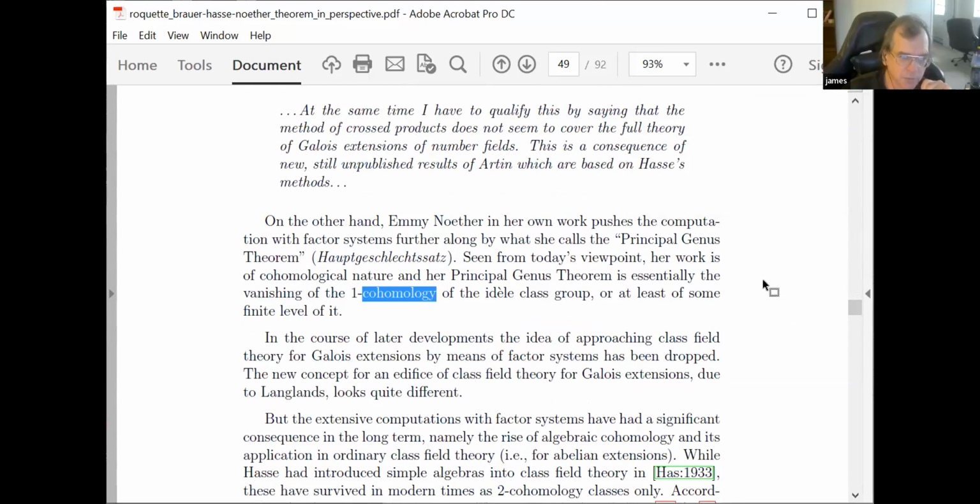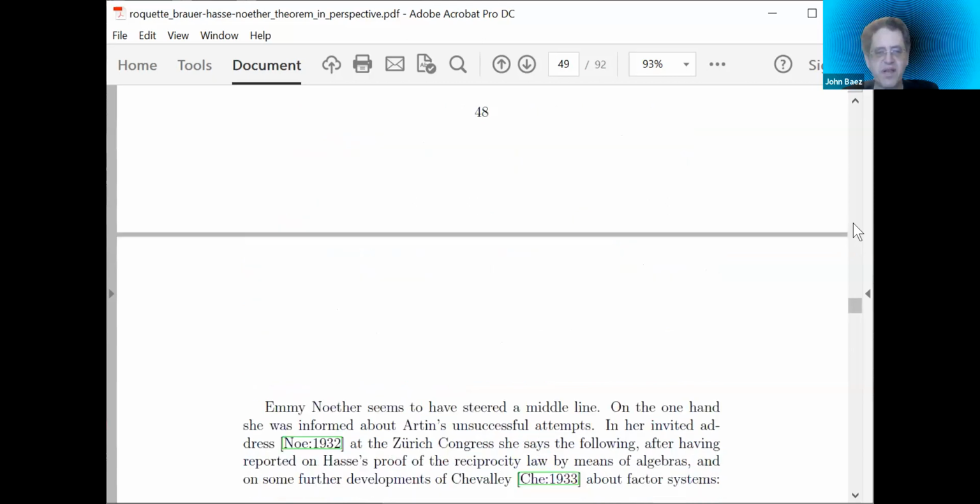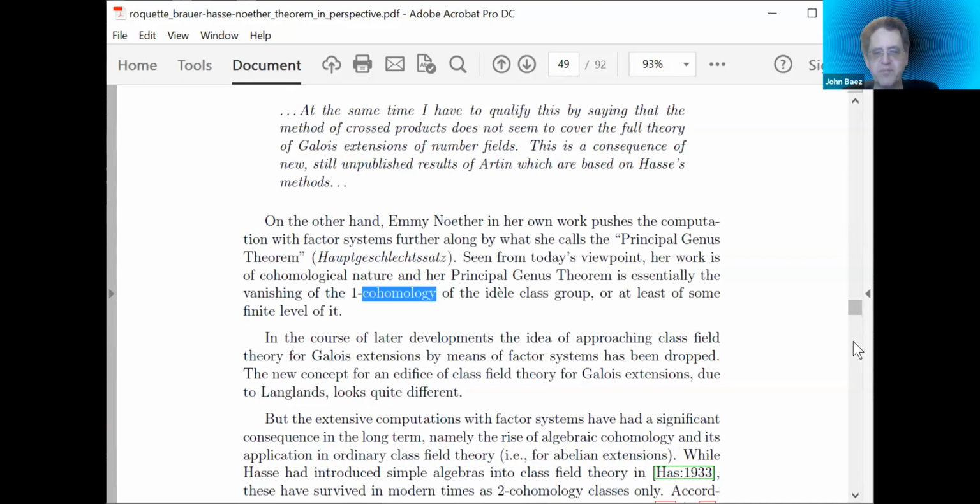Yes. And so what's interesting here is that they wound up classifying central simple algebras over number fields, and part of it was the idea of this Brouwer group, where you classify central simple algebras up to Morita equivalence, basically.